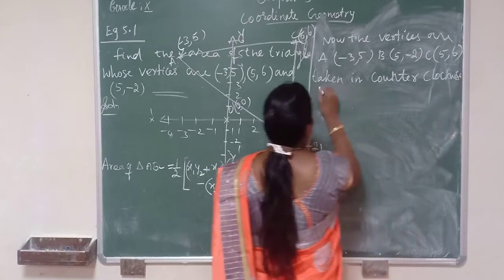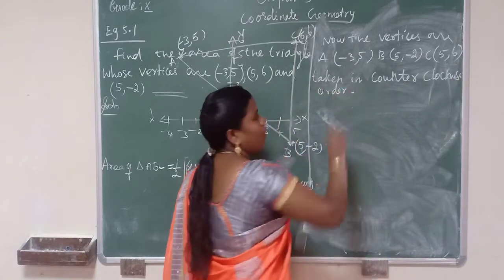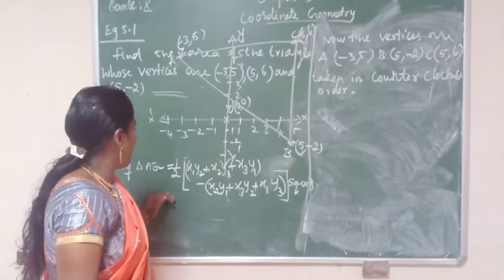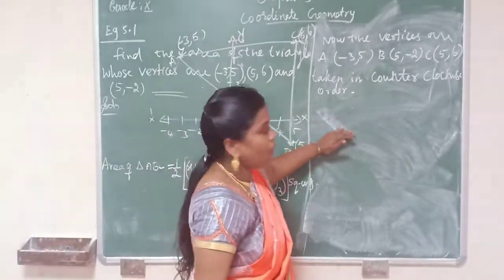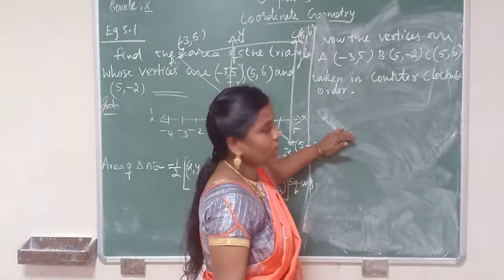Next, the formula I have to write: area of triangle ABC is equal to this formula. After that, all the values we want to take and write separately.